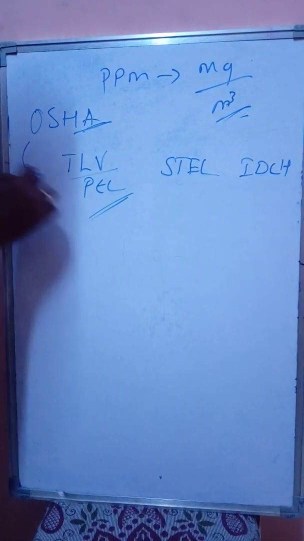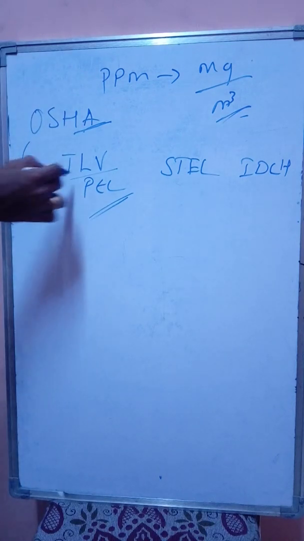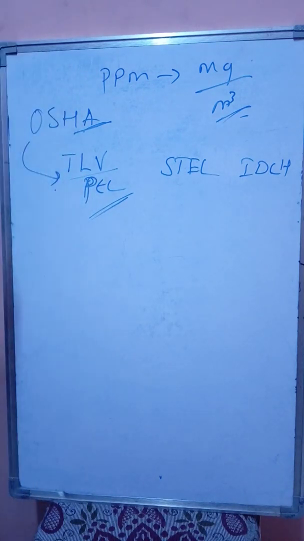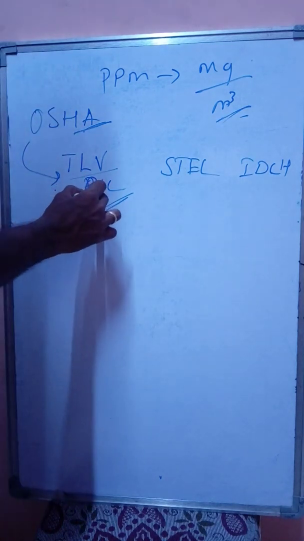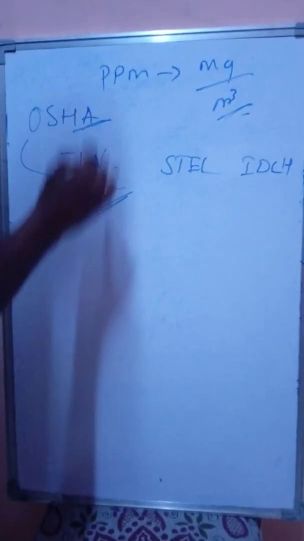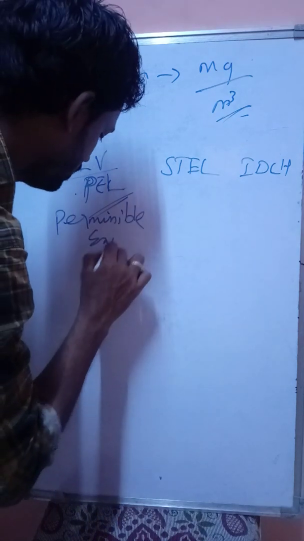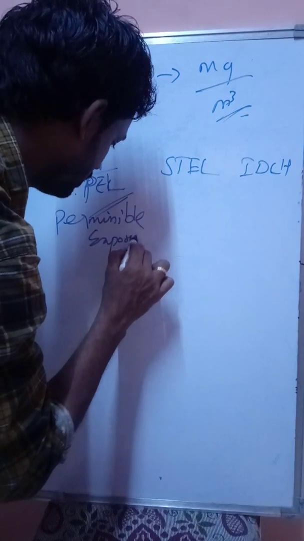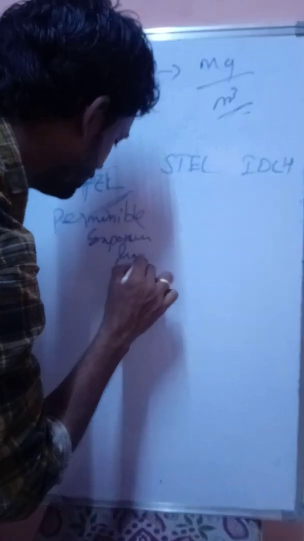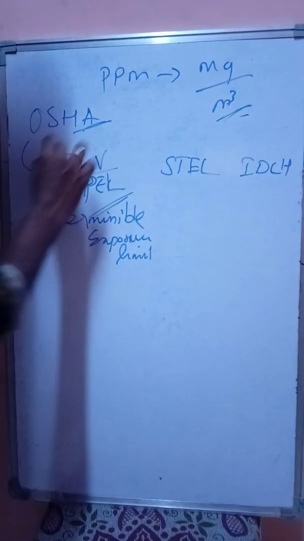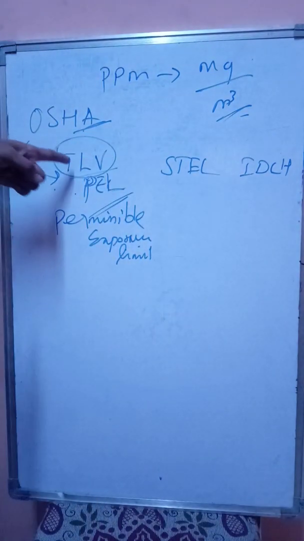PEL is a term derived by OSHA only. It is the permissible exposure limit. But the term TLV, the threshold limit value, is a common term.